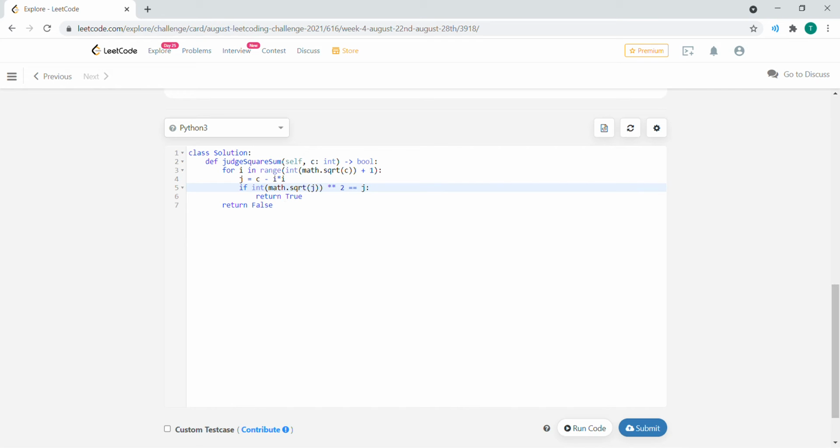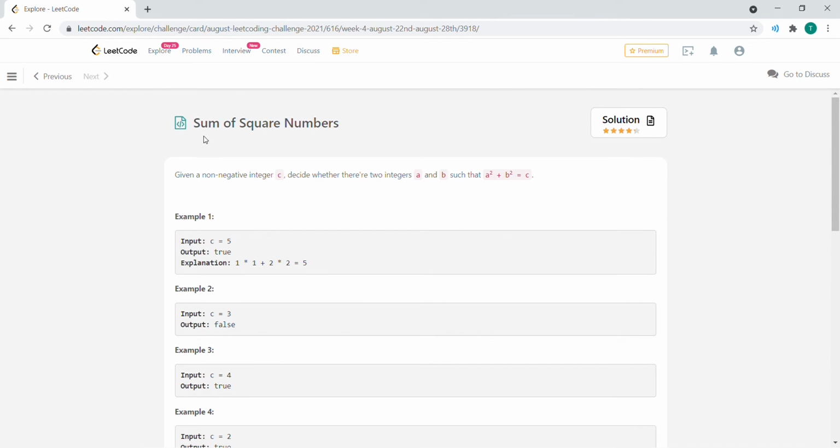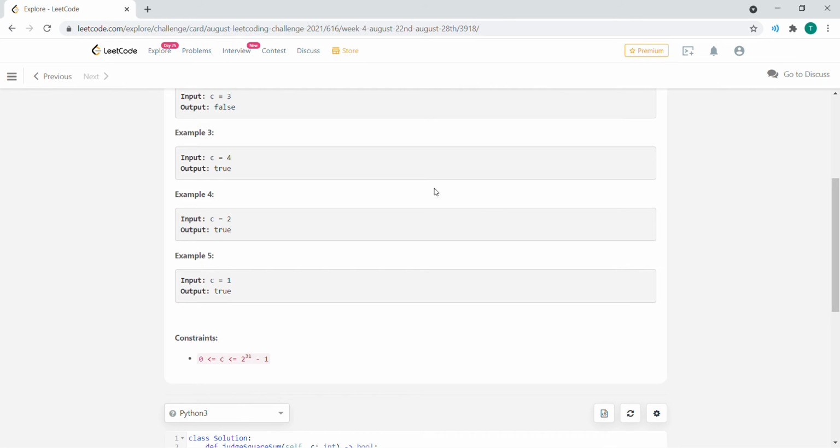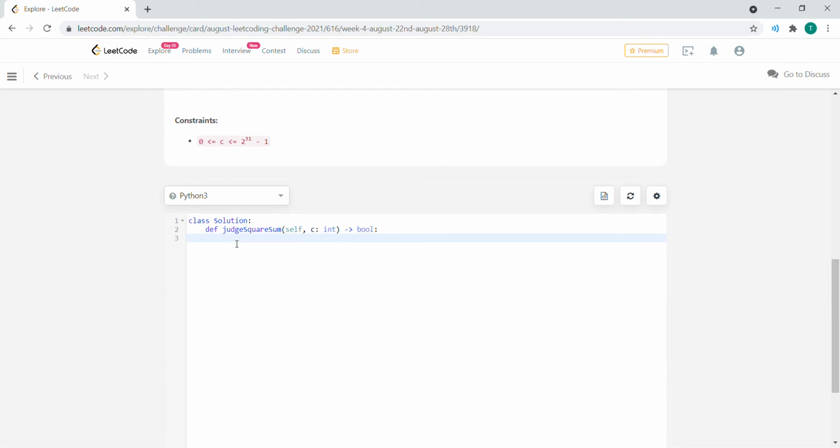There is a way to do it without the square root function, but I want to show you an interesting method here. It's called Fermat's theorem. If you're mathematically inclined, you would know there's a way of solving it using a mathematical approach.